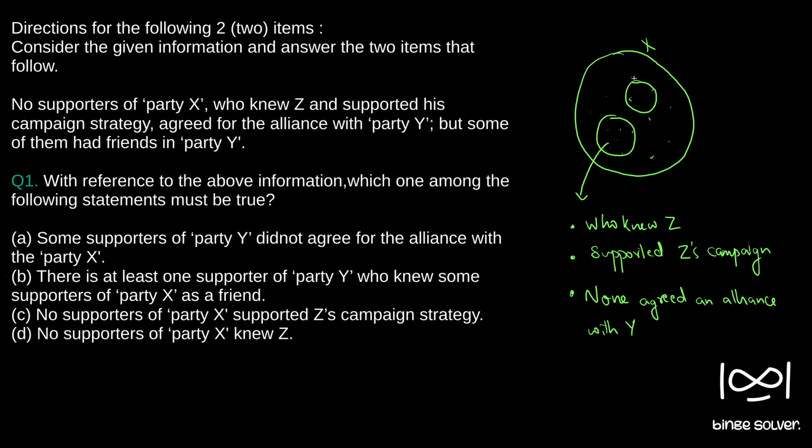Let's say this is some people in party X who had friends in party Y. So this is the people in party Y and they are friends with this many people. So some of them, that is supporters of party X, had friends in party Y.